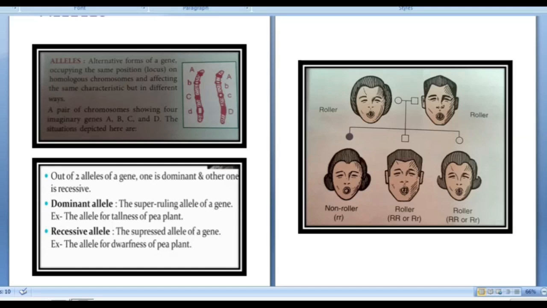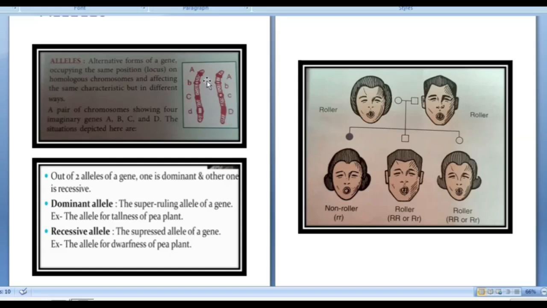Now, a pair of chromosomes is seen over here in this figure, and we have taken imaginary genes on it: A, B, C and D. If you look at A, on both chromosomes it is capital A, capital A. B, on both chromosomes it is small b, small b. C, on the first chromosome is capital C, second chromosome is small c. And D, small d and capital D.